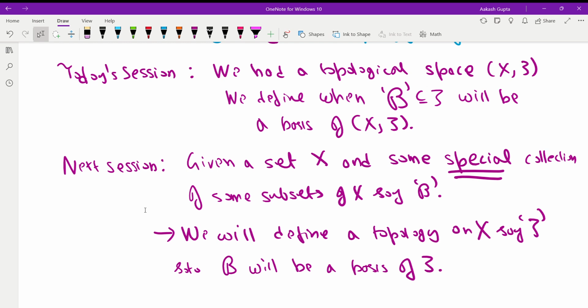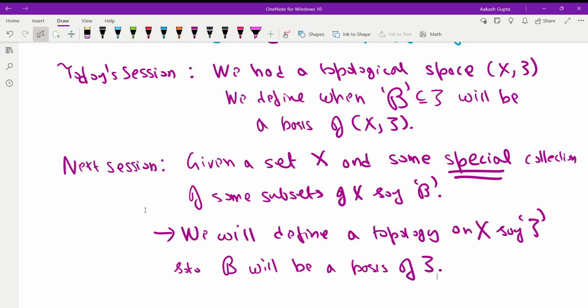Then I took some arbitrary set with subcollections with those properties and produced a topology in which those subcollections will be precisely the collection of all neighborhoods. So you can revisit the neighborhood lecture. This is also a similar kind of concept.